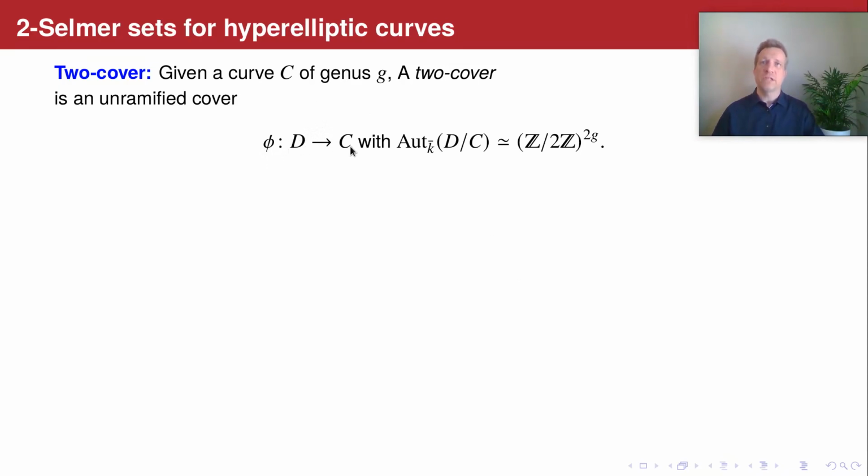Given a curve C of genus G, the 2 cover would be a cover for which the automorphism group is an elementary 2 group of rank 2G, where G is the genus of the curve C. One can prove that such 2 covers always exist, certainly if the curve has a rational point. And one can then use Chevalier to compute an appropriate 2 Selmer set of the curve C.